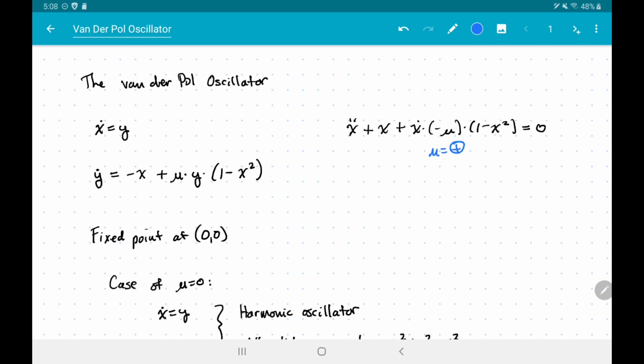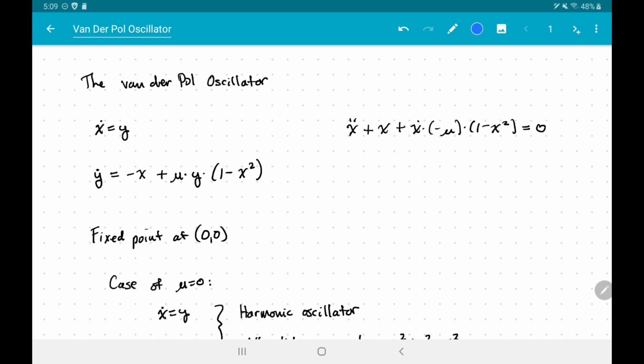But then if x becomes large enough, this term will become negative, and the overall term here will be positive, and that corresponds to regular damping, which reduces the amplitude of oscillations.